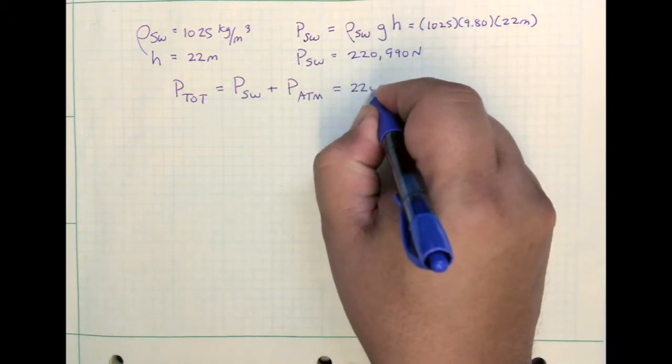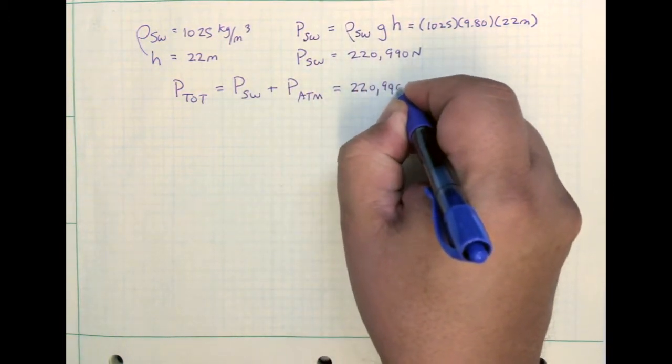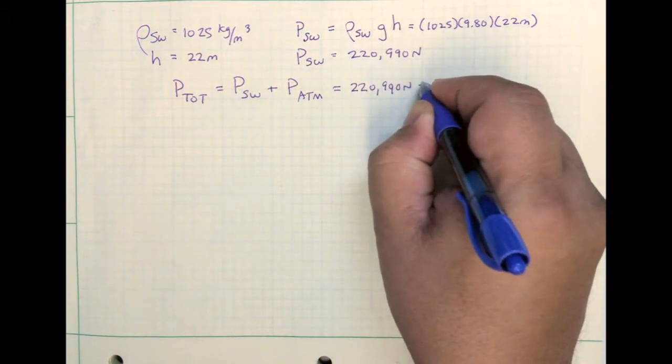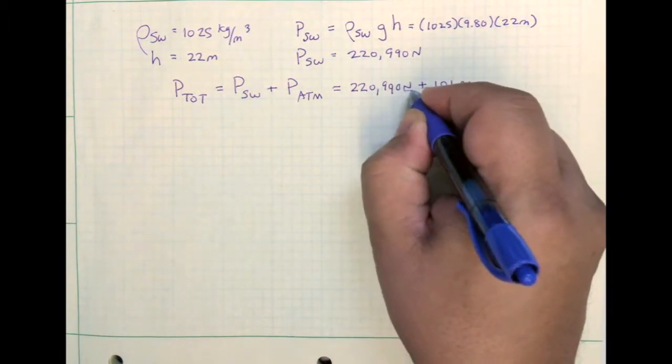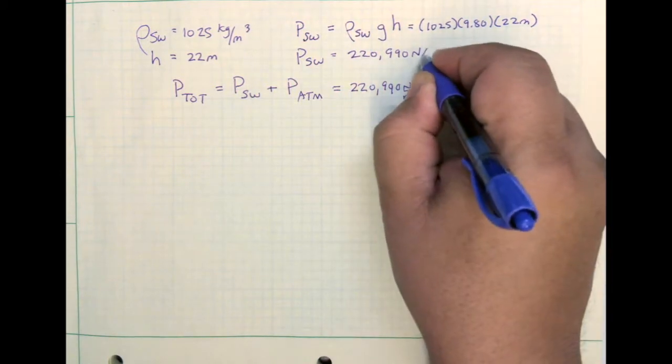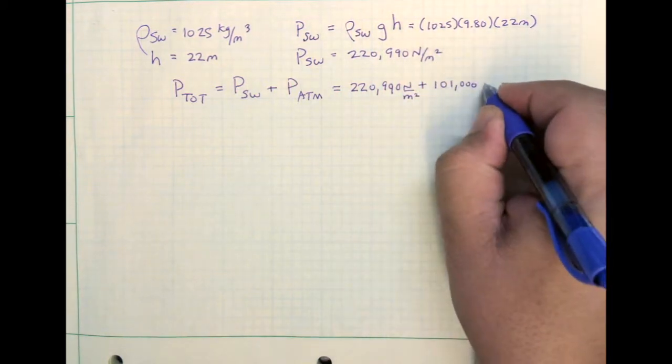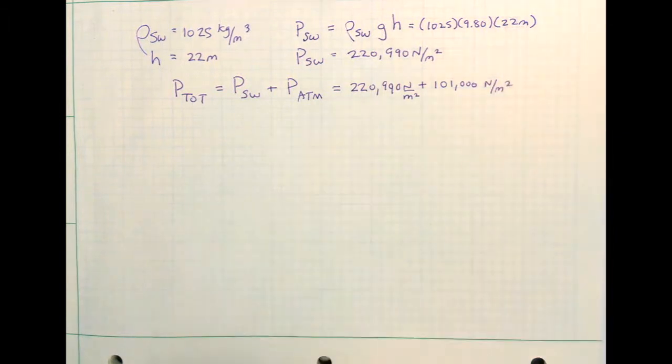So that is 220,990 newtons per square meter from the water, and then another 101,000 newtons per square meter from the air above the tank.